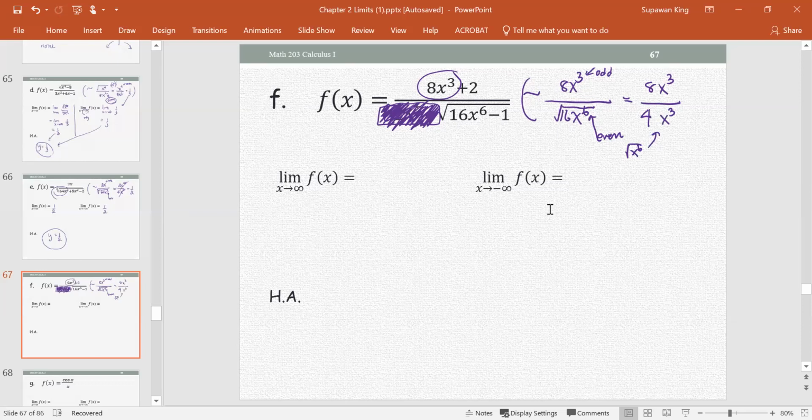But whatever number is raised to the 6th power, which is an even power, the quantity x to the 6 returns to a positive sign, because for the radical the restriction is non-negative.